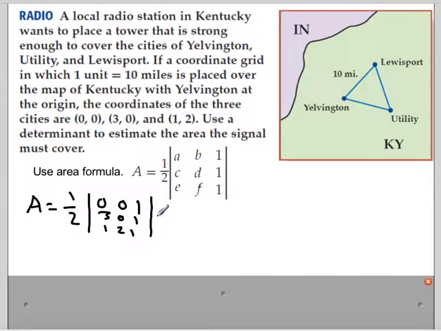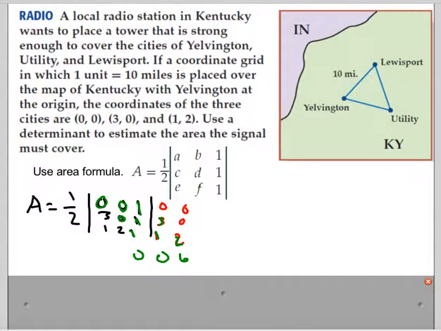So let's go ahead and use diagonals, since that's the last one we did here. So I'm going to bring on over column 1, bring on over column 2, and let's use our diagonals here. So 0 times 0 times 1 gives us 0. 0 times 1 times 1 gives us 0. 1 times 3 times 2 gives us 6.